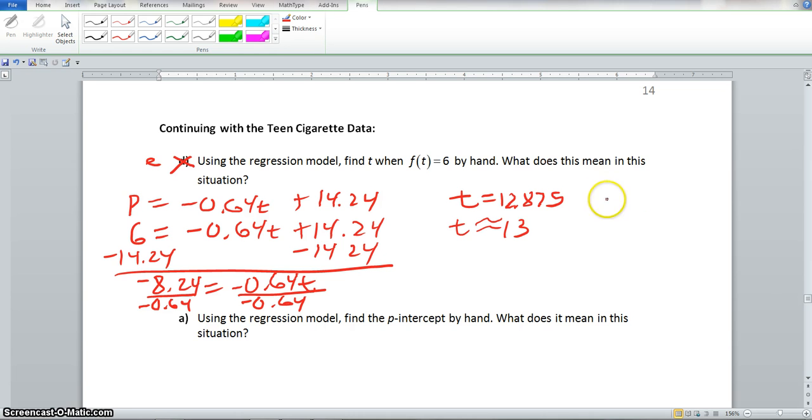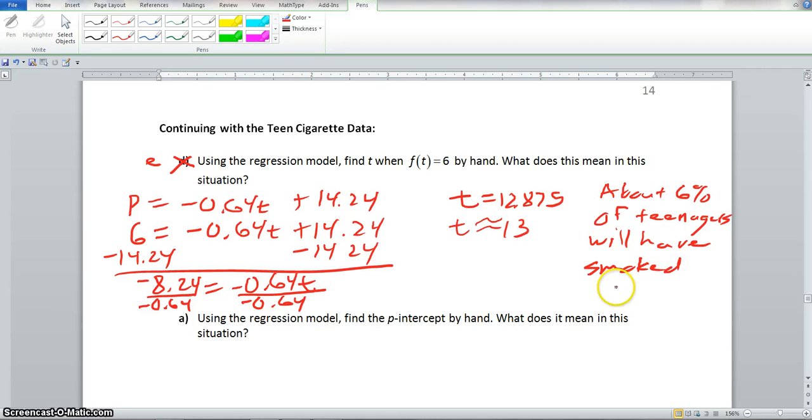So what we will put here is about 6% of teenagers will have smoked cigarettes in the past month in 2013.